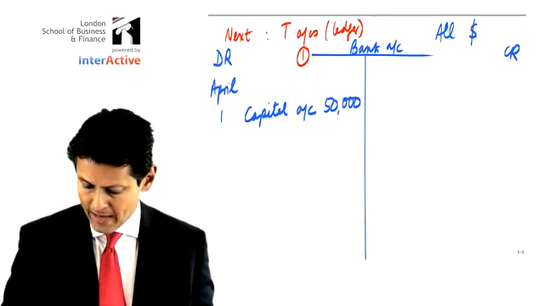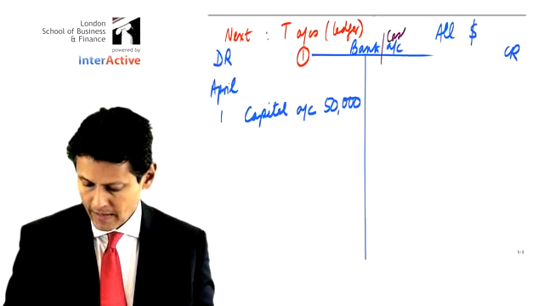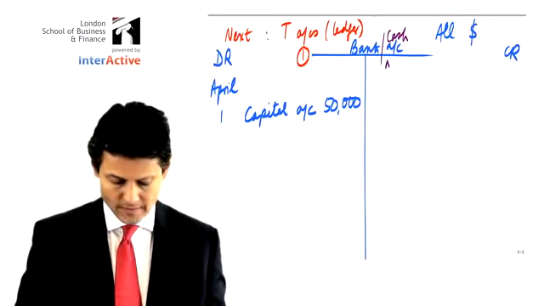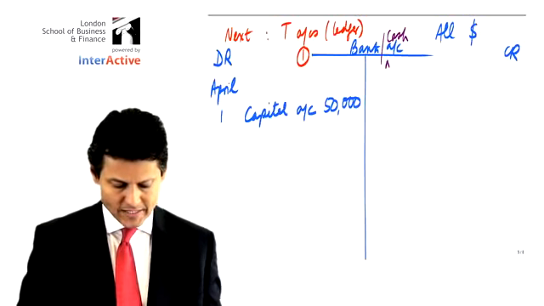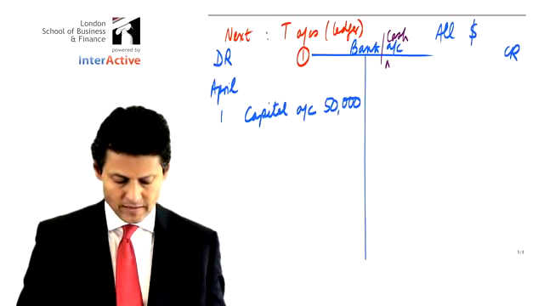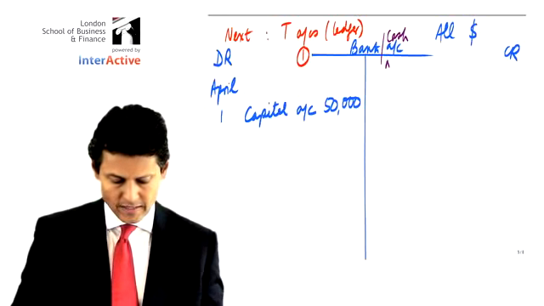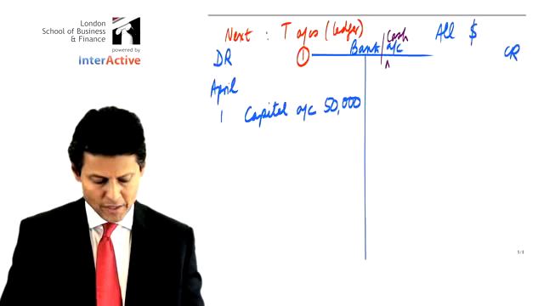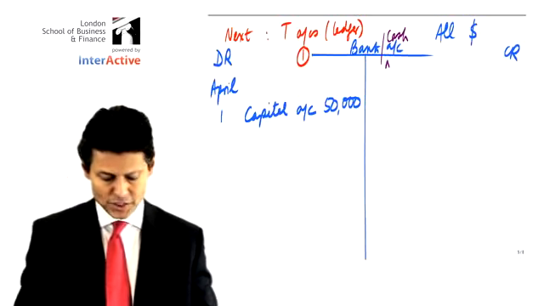So I'll say bank or cash account, both of them. So be careful. So what we'll be saying, debit the bank, credit capital for the first transaction.